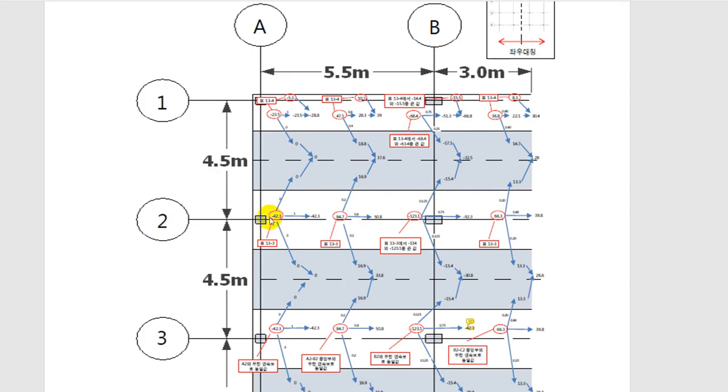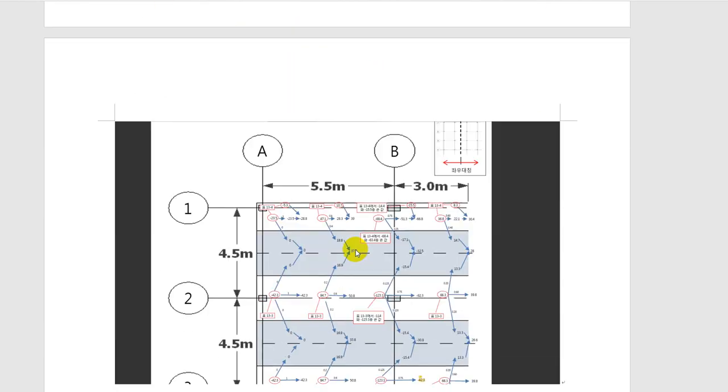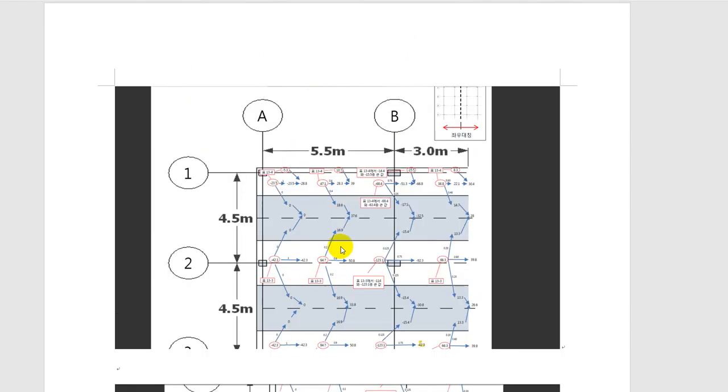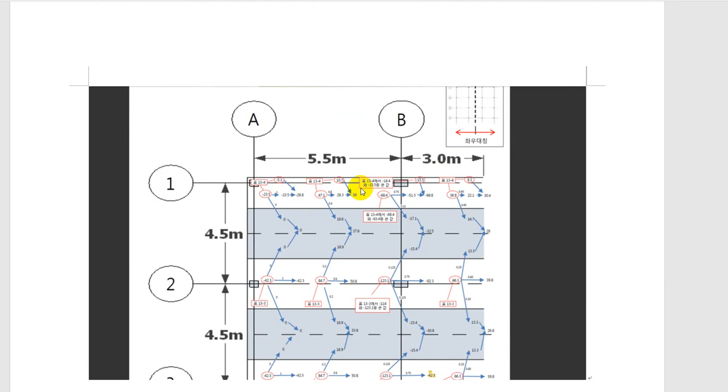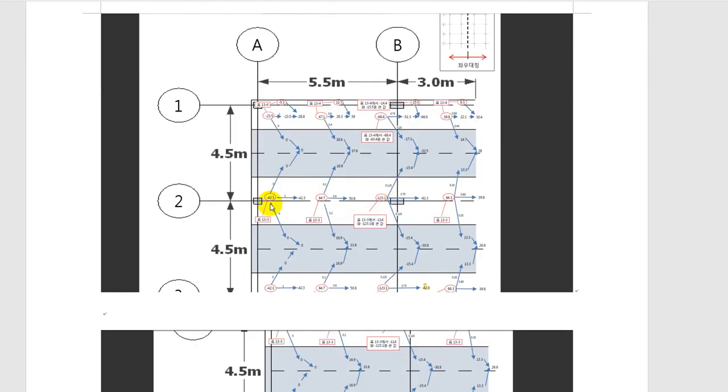We have a minus 42.3. Okay, let me just take a look at this one. This is a real clear screen. Okay, minus 42.3 at exterior edge of exterior span is entirely taken by the column strip because we don't have any edge beam, if you remember. So there's nothing to be shared by the middle strip here.